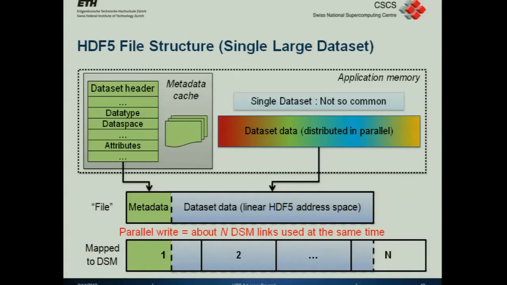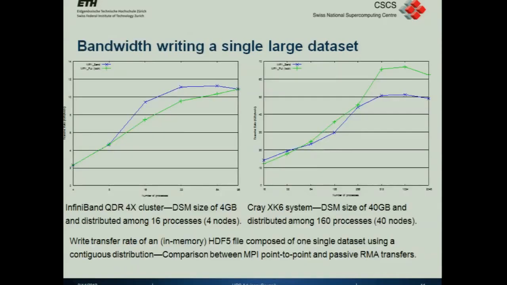But actually, most people don't do that, because you open up the file, and you write lots of small data sets into it, usually, rather than one enormous one. Now, if you do use the whole file, on, for example, the InfiniBand cluster, we get, can anybody read these numbers? I'm suspecting no. They looked better on the screen, but they look a bit too small up there.